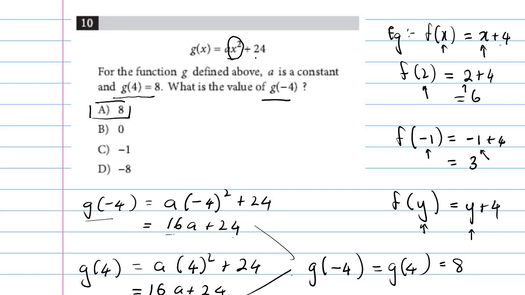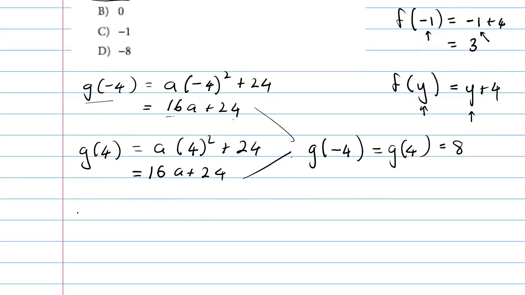Let me write this particular function: g of negative of anything is equal to g of the same thing with positive. g of negative 100 would be equal to g of 100. That's the key takeaway.